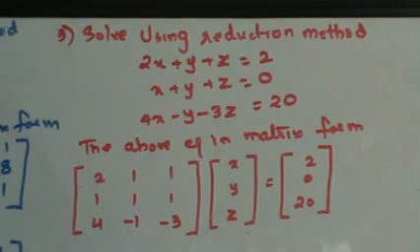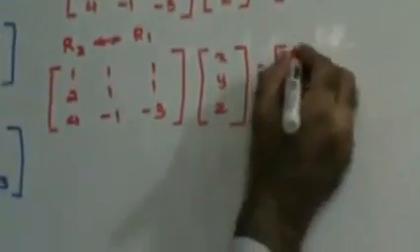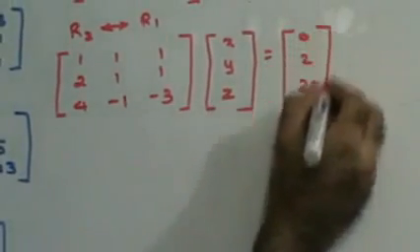Now I need to have the number in the first position as 1. So I'll interchange R2 and R1. If I interchange R2 and R1, I'll get 1 1 1, 2 1 1, 4 minus 1 minus 3, times x y z, equals 0 2 20.